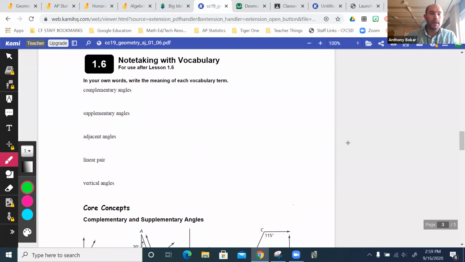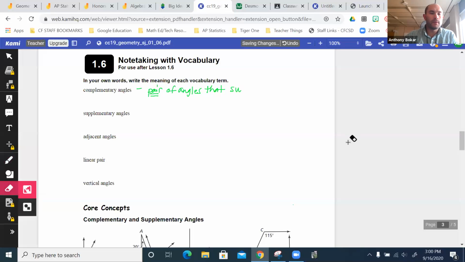So complementary angles, it's a pair of angles. So it's important it's a pair of angles that sum or total to 90 degrees.